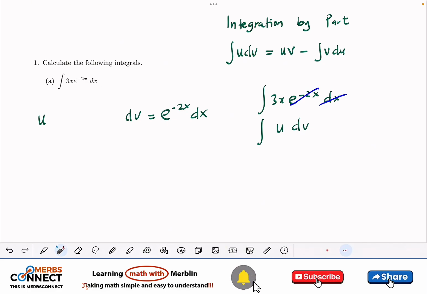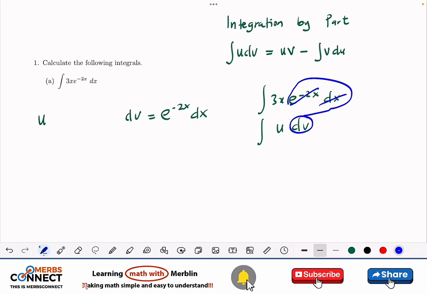Now that I've taken out the exponential function and the dx, anything left is for u. So what will be u? u is going to be 3x, because if dv is equal to this one here, then it means that u should be what is left, and then the integration goes with the integration. So here my u is equal to 3x.